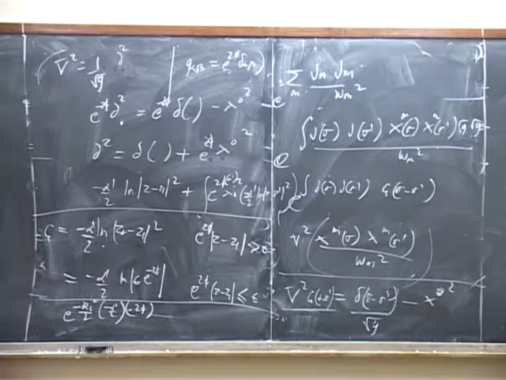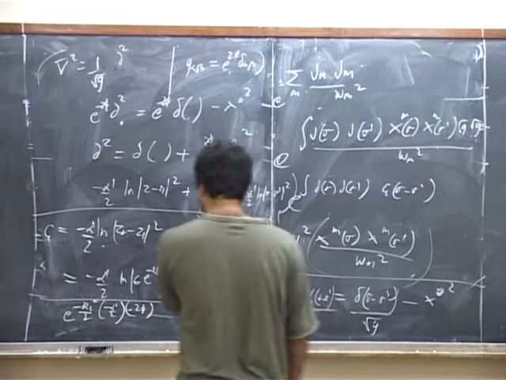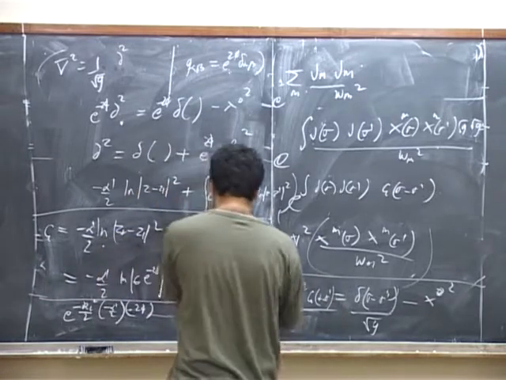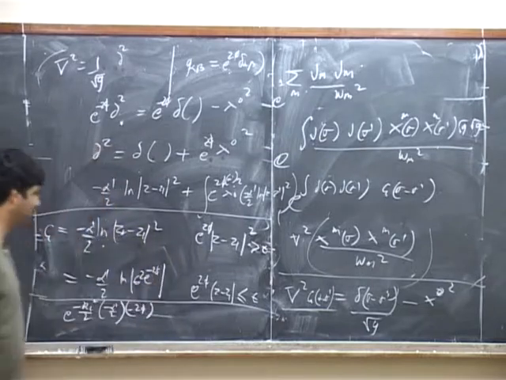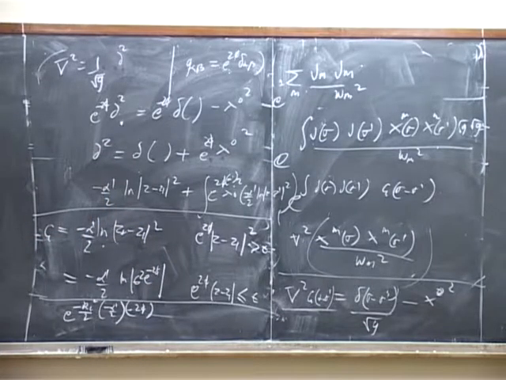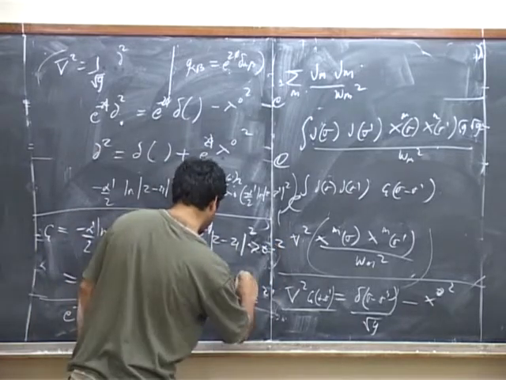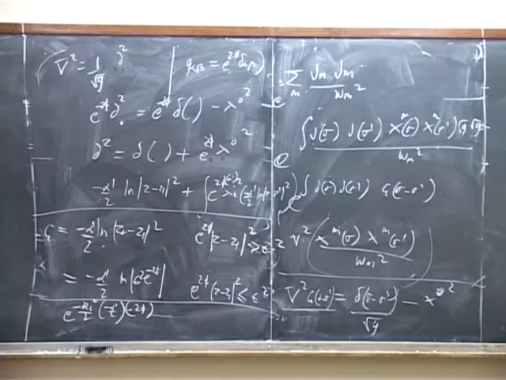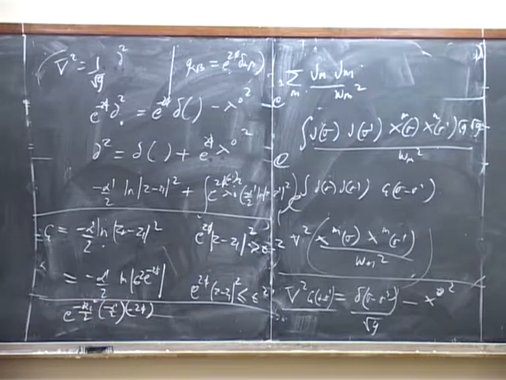Okay, this should be mod z minus z1 squared, right? You're right. And this down here is also squared. Let's call this epsilon squared. Yes. Okay? So we've got this dependence in each term.